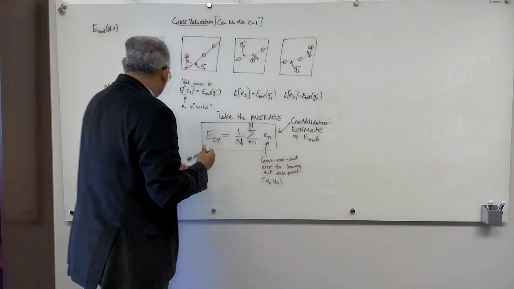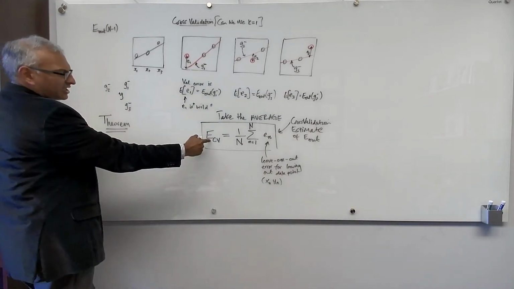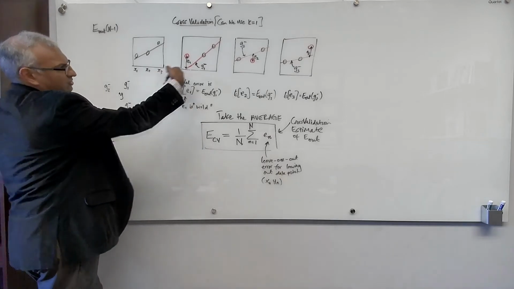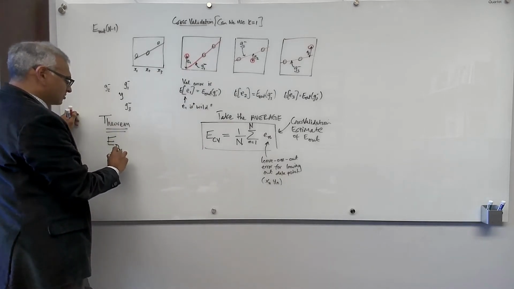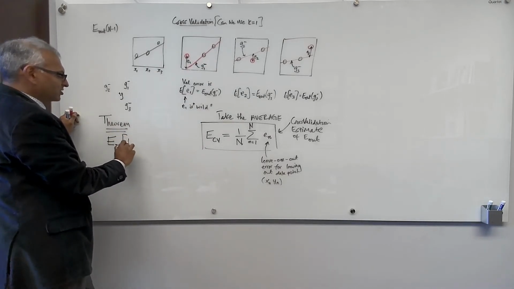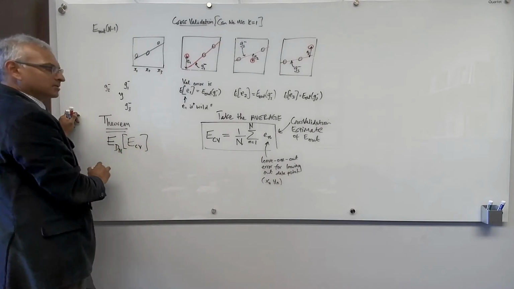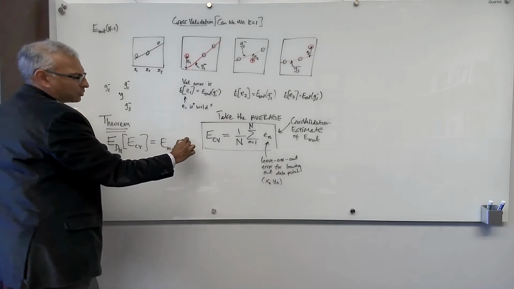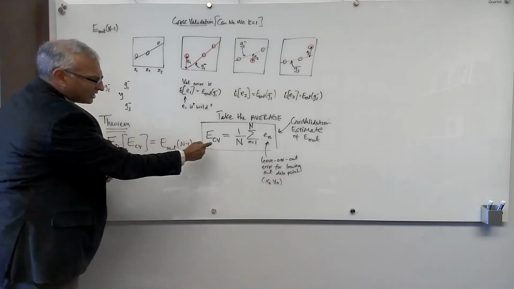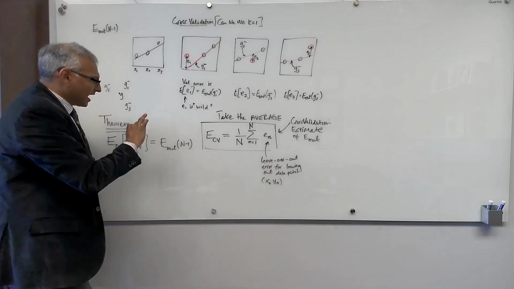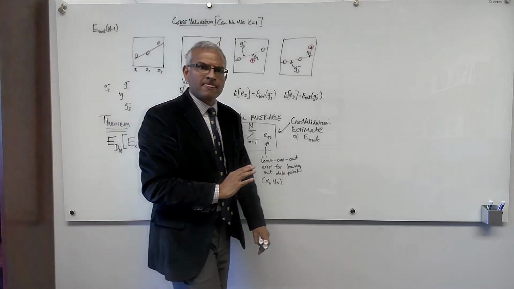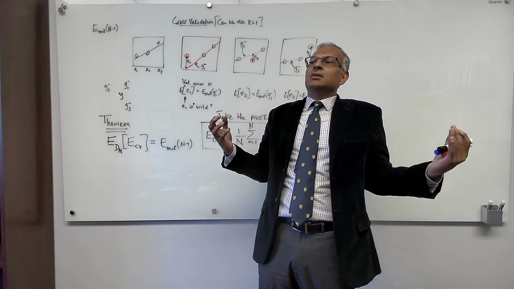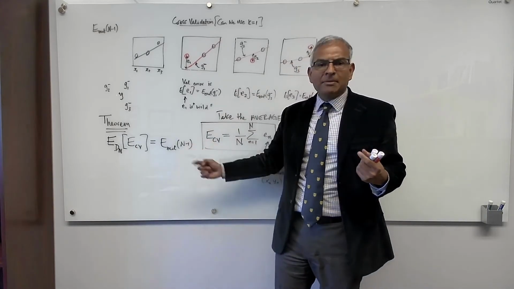So, theorem. If I take the expected value with respect to data sets Dn, my data set Dn, of the cross-validation error, this equals E out of n minus 1. In other words, the cross-validation error is an unbiased estimate of the expected error you incur when you learn on n minus 1 data points.